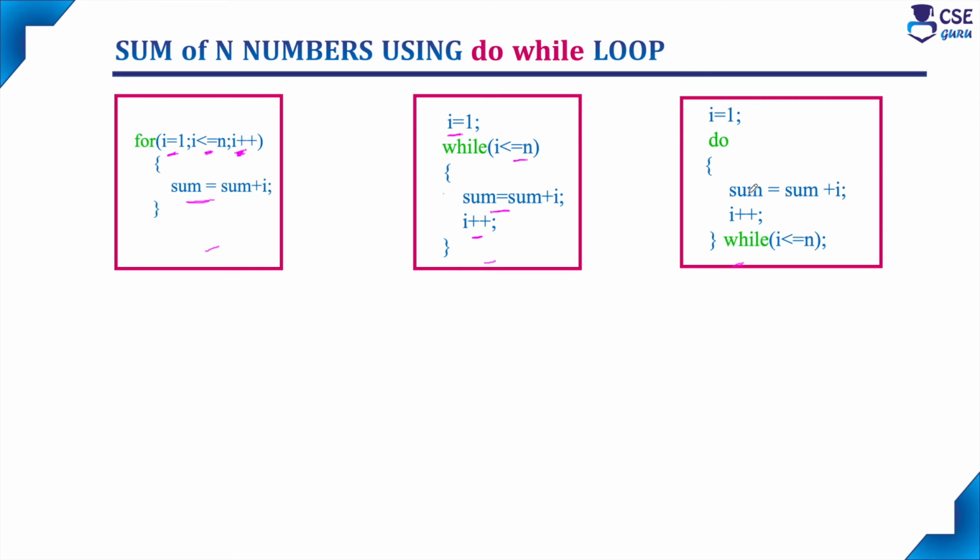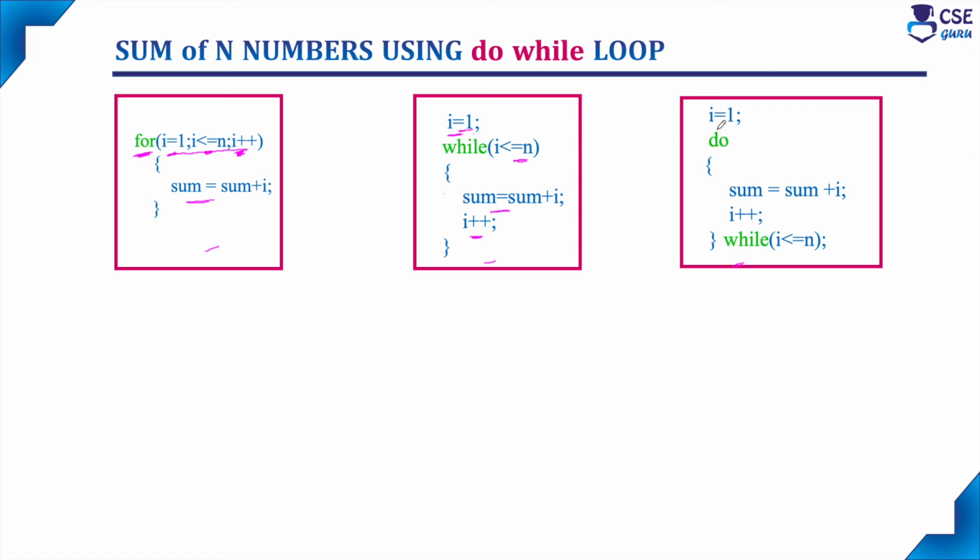And if you consider the do-while loop, the while loop and do-while loop are almost similar. That is, initialization, condition evaluation and updation, all three are similar in while loop and do-while loop. But in the for loop, all three statements are specified as a single statement along with the for. But in while loop and do-while loop, all three statements are specified as separate statements.